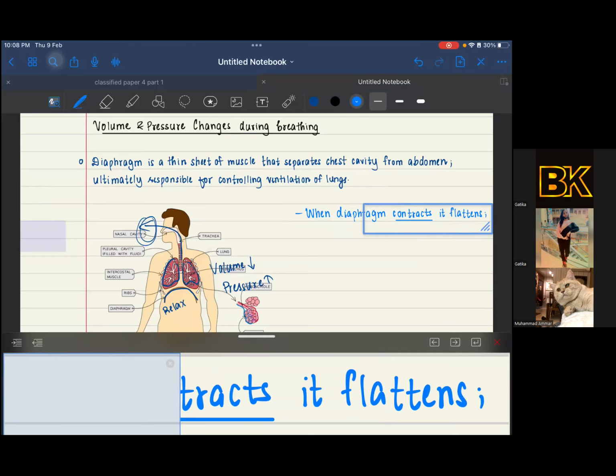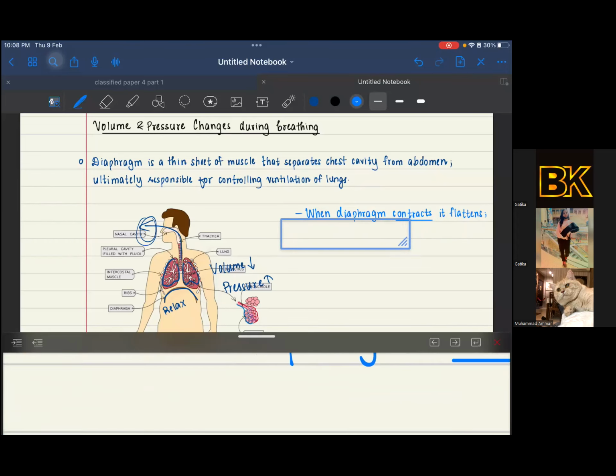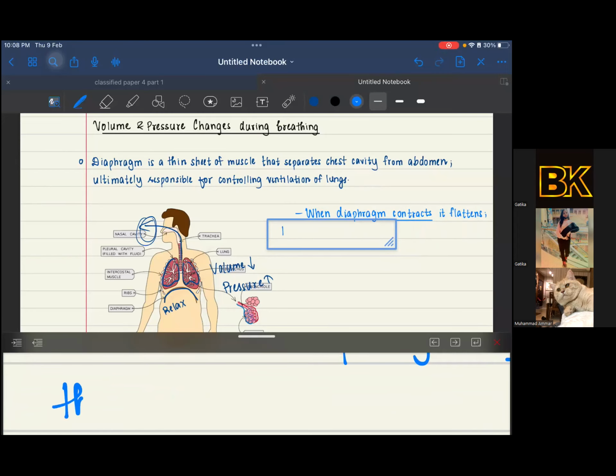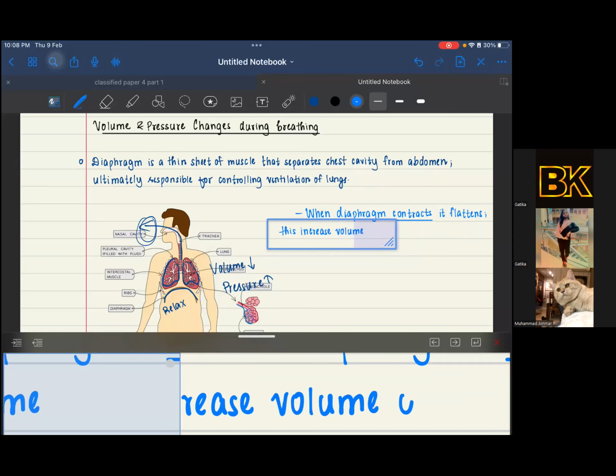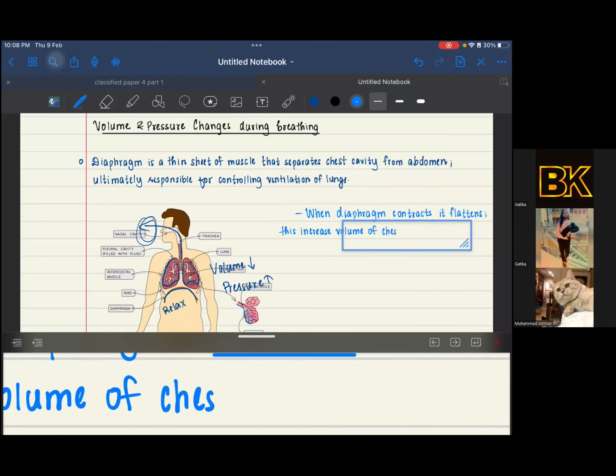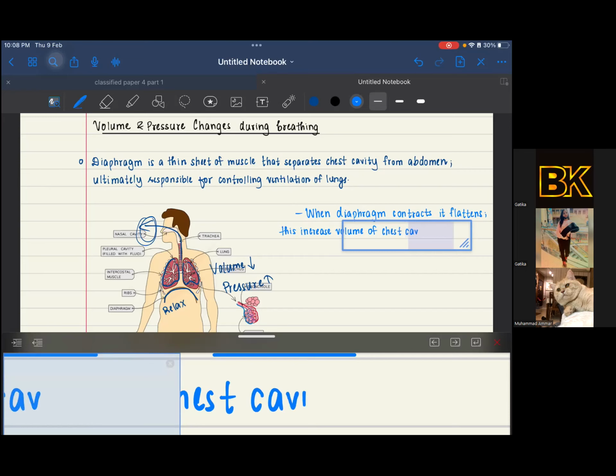What happens to the volume? There's very little space to write. It's fine. This increases the volume of the chest cavity or thorax.